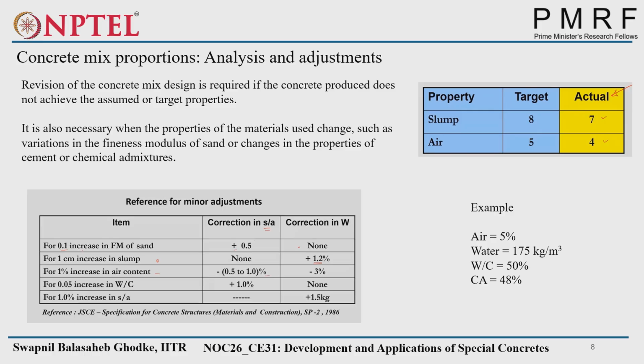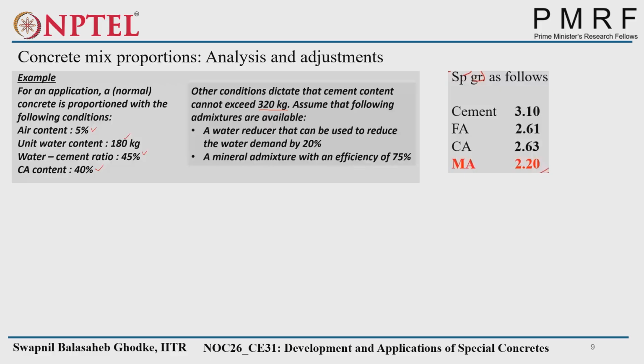But I have not observed any codal provisions saying you could not go beyond that, because basically you have to be careful about your durability perspectives, like weathering and all those actions. For instance, if you are considering air content under freezing, how much we have to incorporate, that criteria is there, like water cement ratio 0.5 will be maximum or 0.45 will be maximum. That criteria is there, but I have not seen it regarding the coarse aggregate.